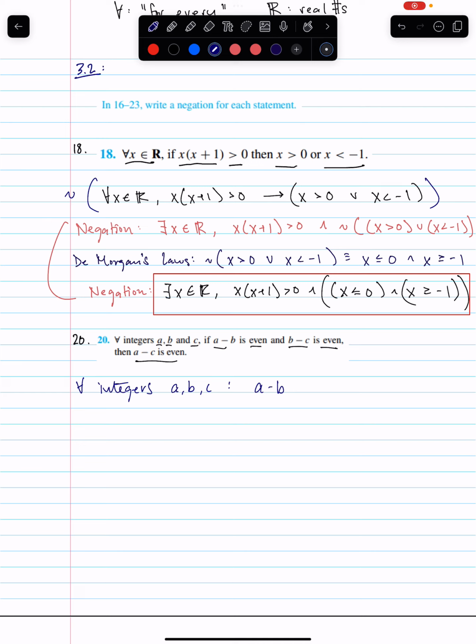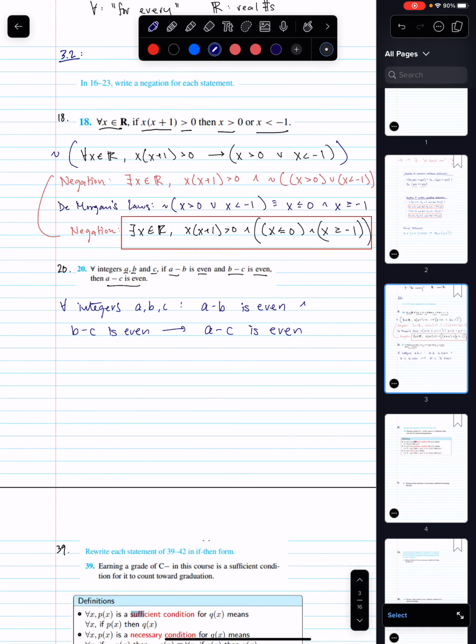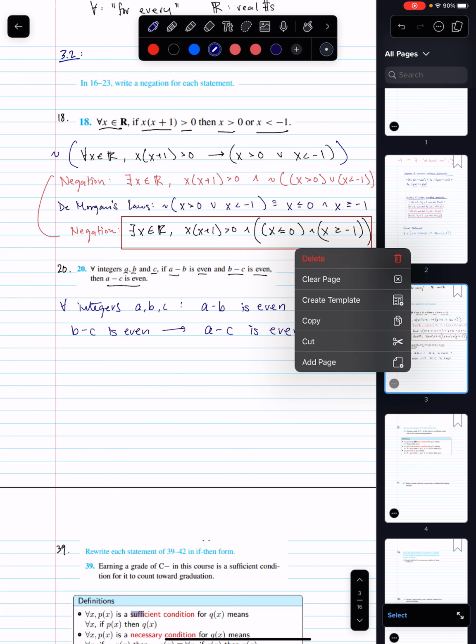A minus b is even. No, there's an and here. B minus c is even. A minus c is even. Probably need another page for this.